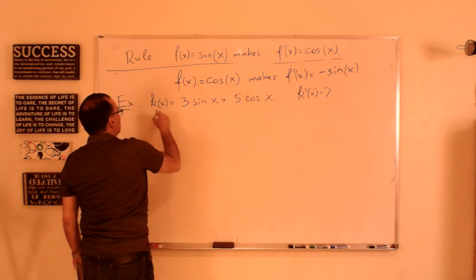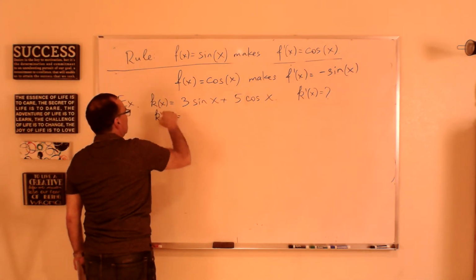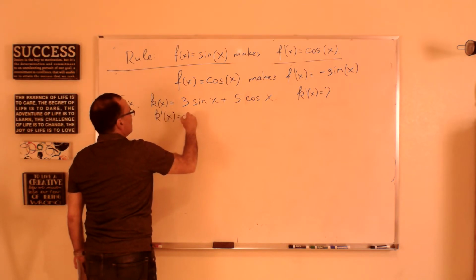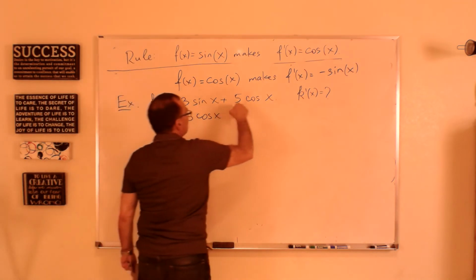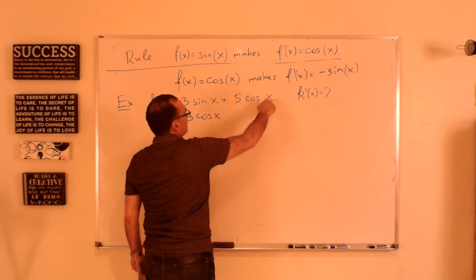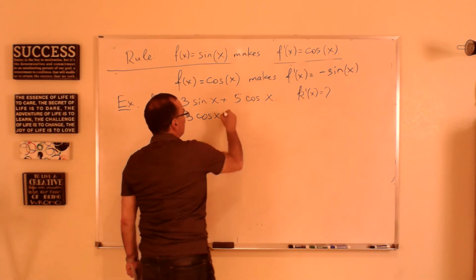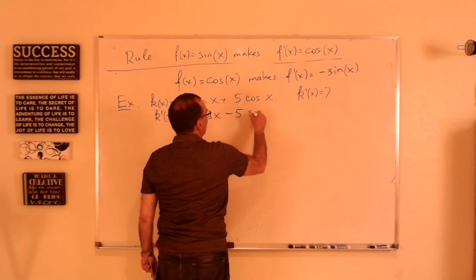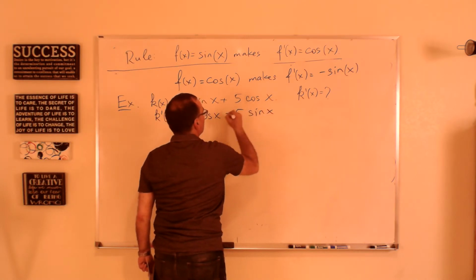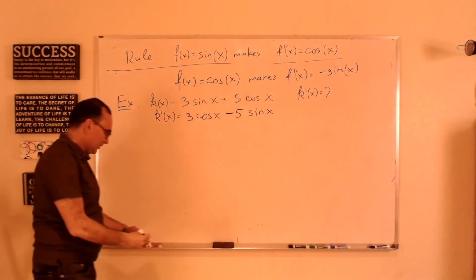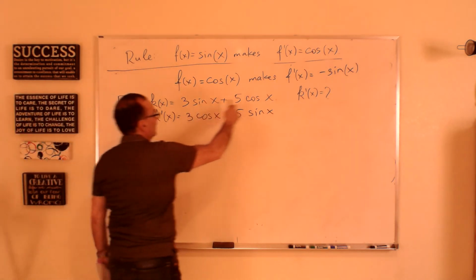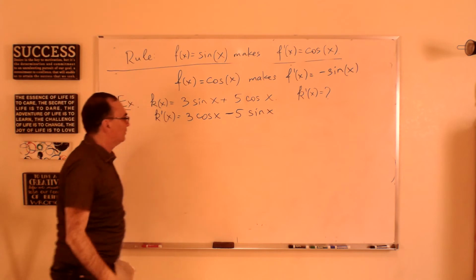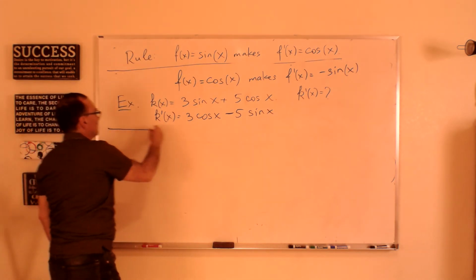So the derivative of this function equals 3 times, and derivative of sine is cosine, so it's cosine x, plus 5 times, and derivative of cosine is negative sine x, so it will be minus 5 times sine x. So this is how we can calculate derivative of expressions or functions involving sine and cosine.